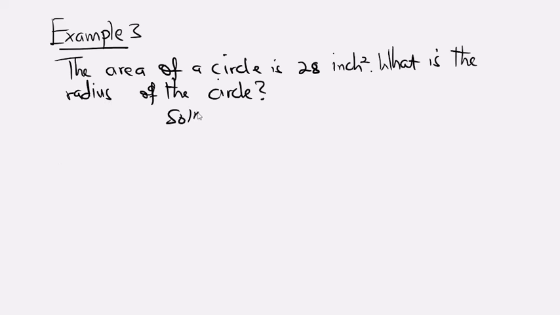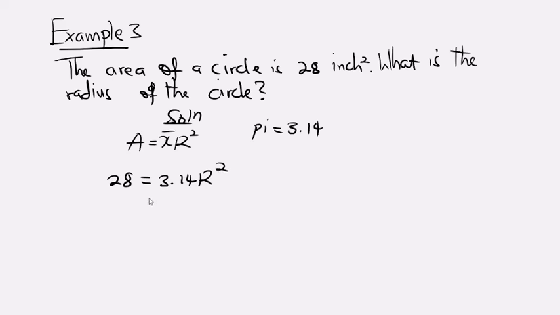We know that the formula for the area of a circle is pi r squared. In this case, we are taking the value of pi as 3.14. If that is the case, now that we have been given the area as 28 square inch, we will substitute area as 28 equals pi, which is 3.14, times r squared.